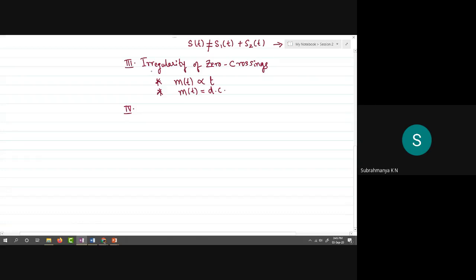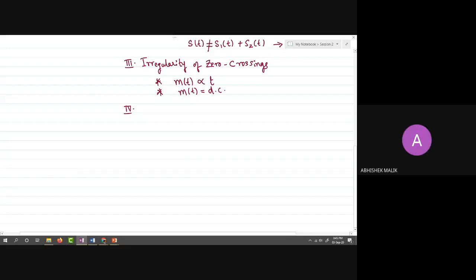In the case of amplitude modulation, you would have just an envelope detector, or take snapshots of the variations in zero crossings to demodulate. So that was an easy part of the receiver. But in the case of an angle modulated signal, since there is an irregularity in zero crossings, the demodulation process is a little complex. That's the disadvantage of this third property.